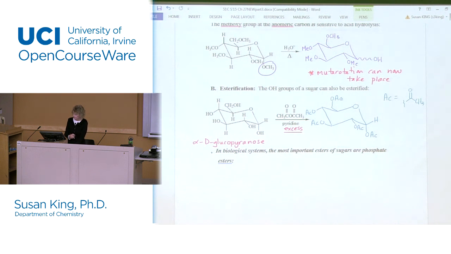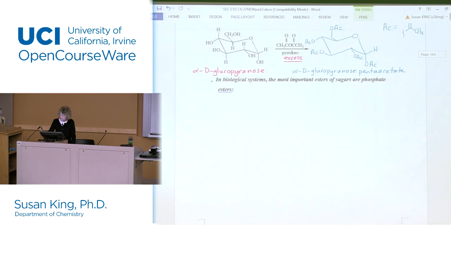All right, and if we wanted to name this, this would be alpha-D-glucopyranose pentaacetate. The names that we're using here, the nomenclature in this chapter, is very descriptive and tells us exactly how to draw these compounds.